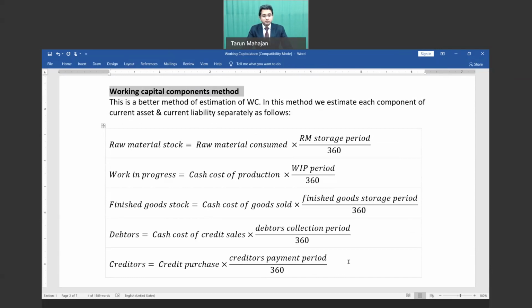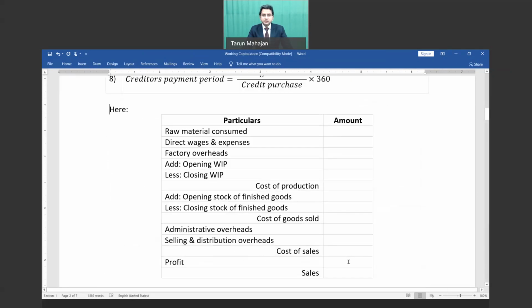Working capital components method. This is a better method for estimation of working capital. In this method, we calculate each component separately. You know, this operating cycle method which we studied is kind of a reverse calculation.